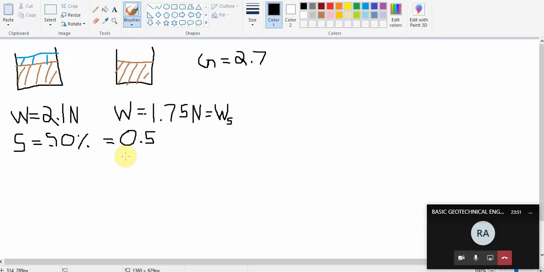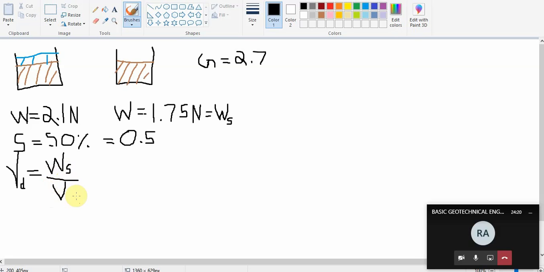Because we know the weight of solids and we have to find the total volume of the soil, I will make use of this formula: dry unit weight of soil is given by weight of solids divided by volume of soil.